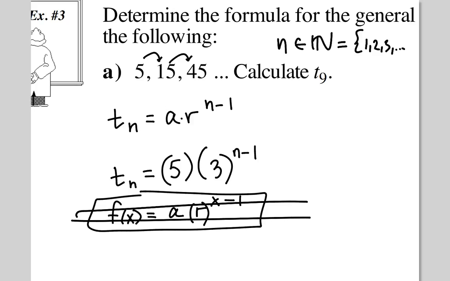Good. And tn has some numerical value. But n is just your counting numbers, 1, 2, 3, 4. It's the position in the list, right? n is your position in the list. Tn is the actual value of the thing in that spot. Does that make sense? You have to know that.